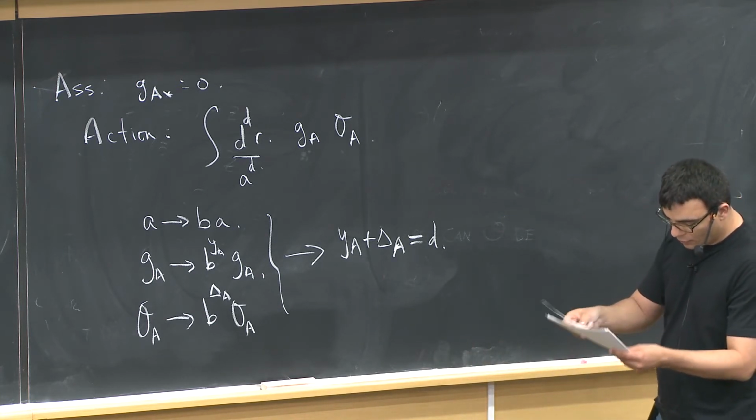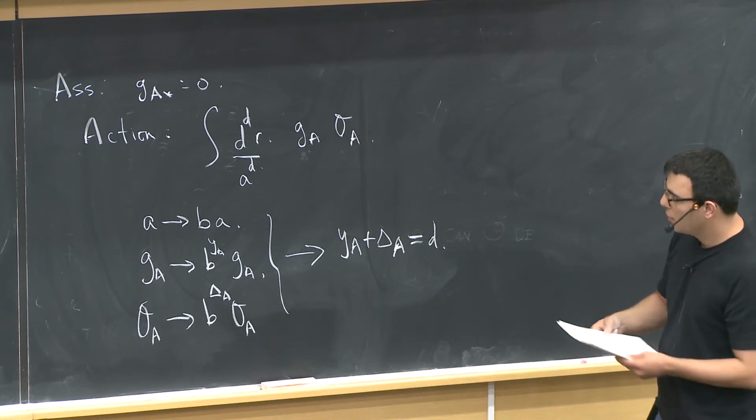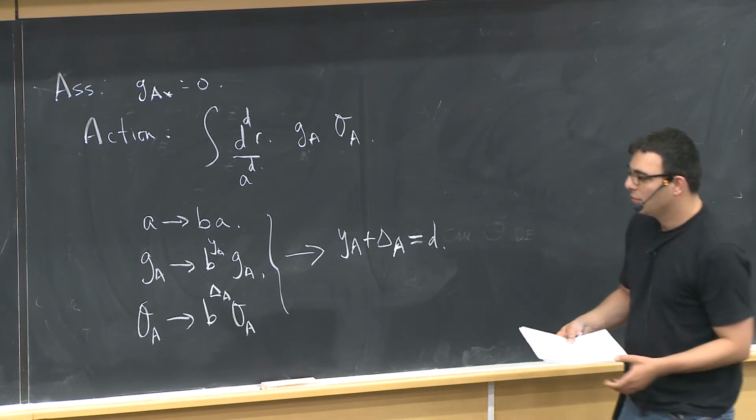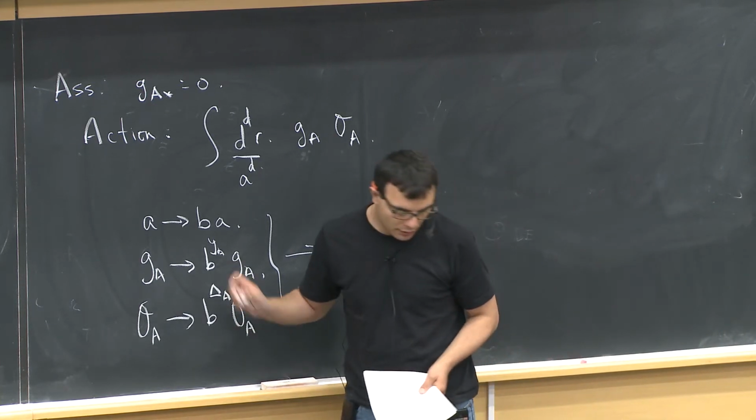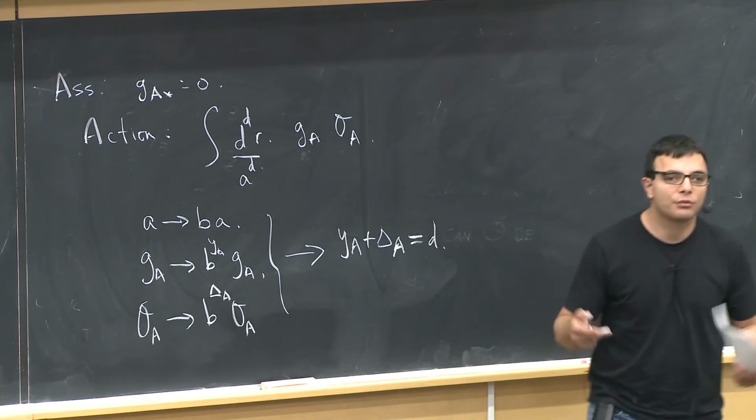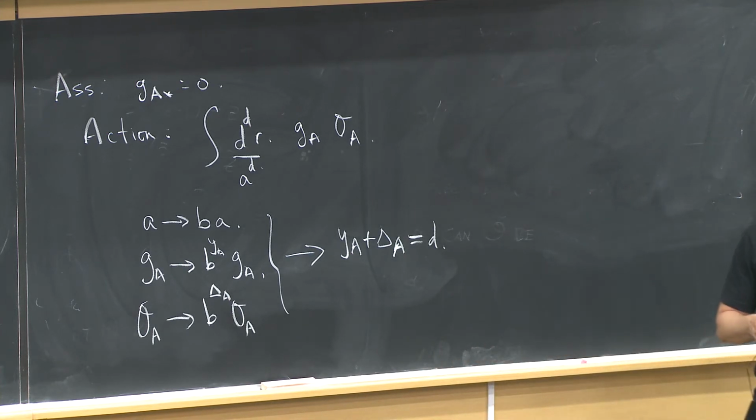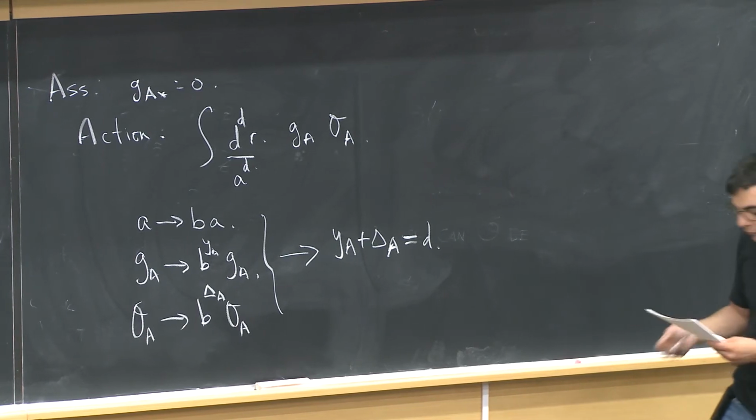Okay? And how do we connect this? Well, this delta A for now is just a number. The question is, how do we connect it with the form of the two-point function that Chris had on the board?